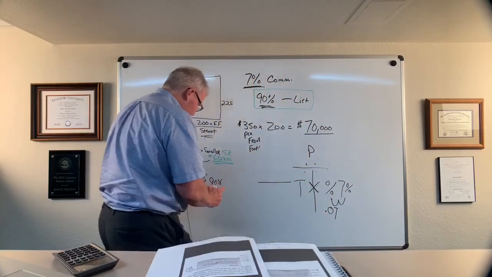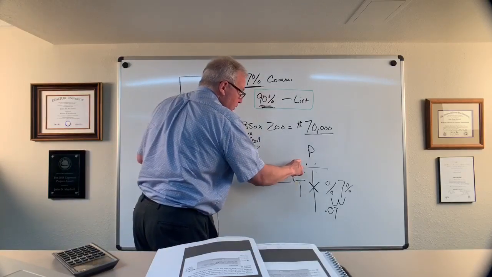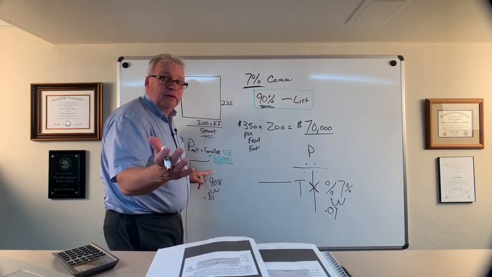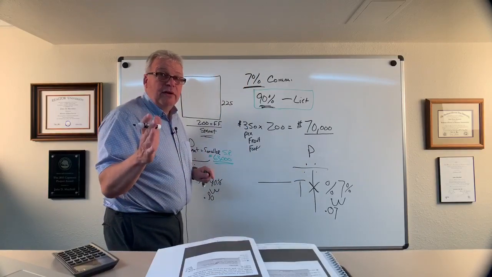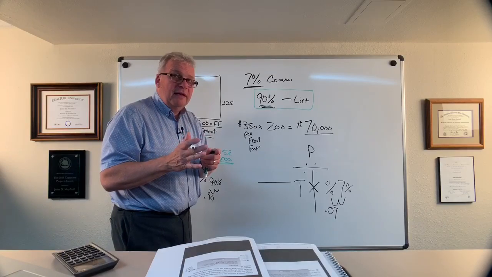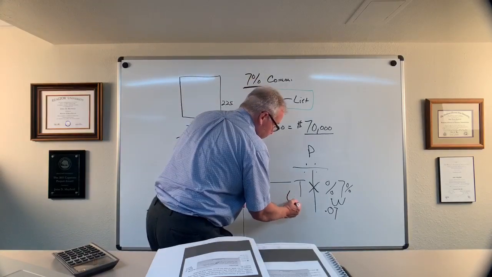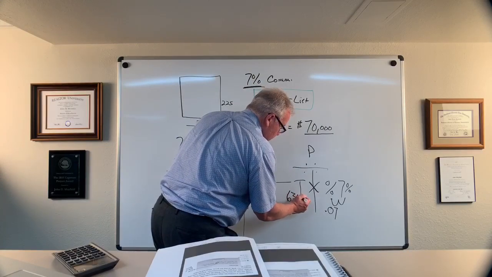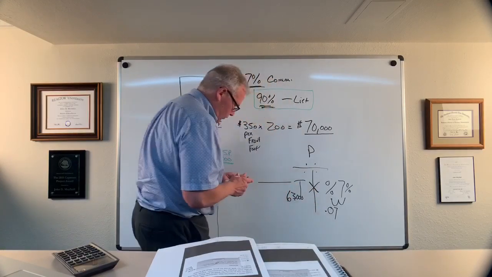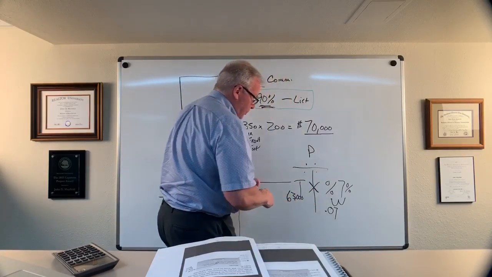Now, is 63,000 going to go on top or bottom? What are we solving for? The commission. Will the commission be less than the sales price? Absolutely. So 63,000 goes down here. And we're always going to get 2 variables in the problem.